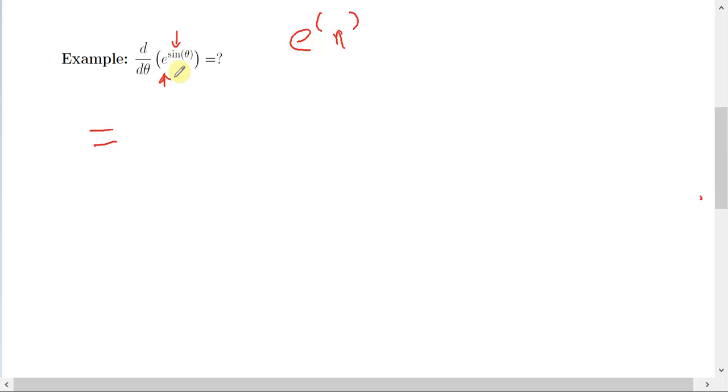And so I start on the outside. I take the derivative of e, ignoring the sine theta. Just pretend it's theta in this case. That's my variable. Well, the derivative of e to the theta is e to the theta. I'm going to put the parentheses there because it helps me remember that's where I evaluate. But once you recognize it's not just e to the theta, it's the sine theta, then you put the inside function back into the derivative, and you multiply by the derivative of that inside function.